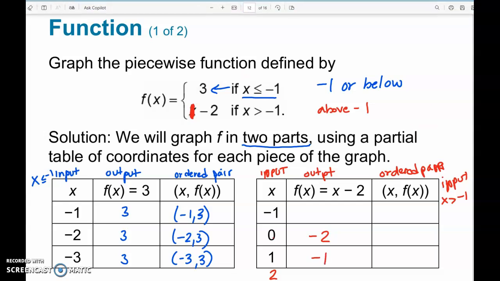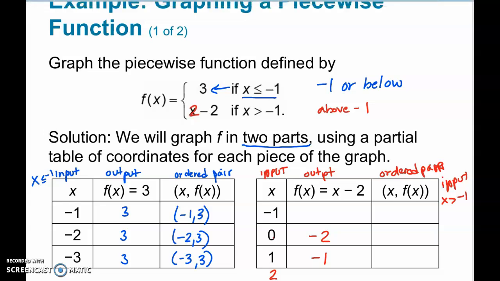When I plug in 2, I'll get 2 minus 2, which is 0. So writing these as ordered pairs, I have 0, -2. I have 1, -1. And I have 2, 0. So I've got 3 ordered pairs to graph for this piece of the function.